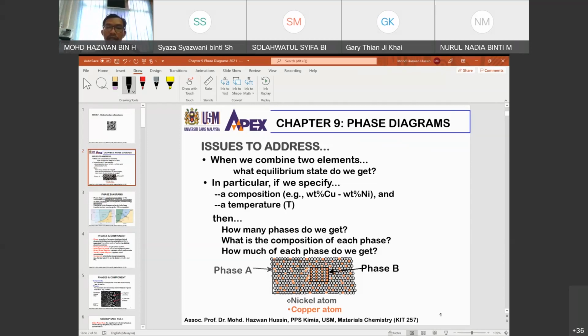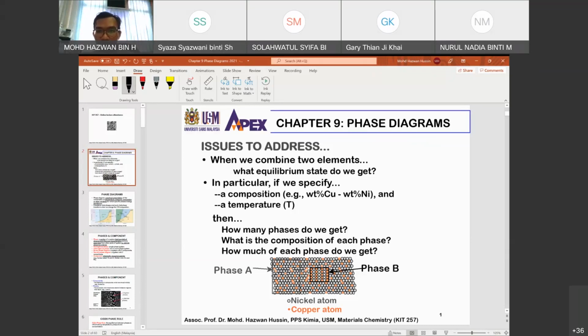In particular, if you are producing alloys at different compositions, like different percentages of copper, different percentages of nickel, then what will be the characteristic? Either it will exist as a liquid at which temperature, or it will exist as a solid at which temperature, or it will exist as a mixture of two solids at different temperatures.